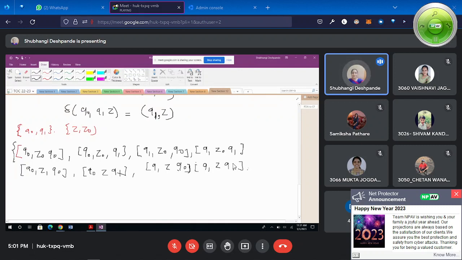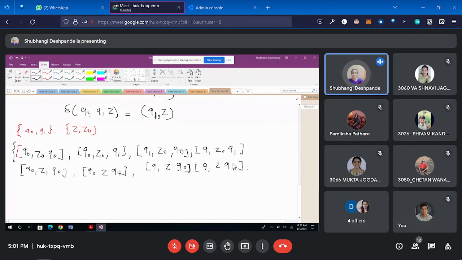Right? So this is for Z and Z0. So here total number of 8 states we have written. So these are the number of possible states.